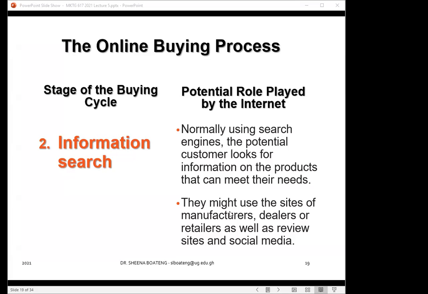So in the event that we did not trigger the need recognition, we can make sure that we are visible on all these platforms that we know the customer is likely going to go to in search of information, including optimizing our websites so that they can be found by search engines, and making sure that our online presence is always up to date, so that when the customer goes in search of information, they will be able to find us.